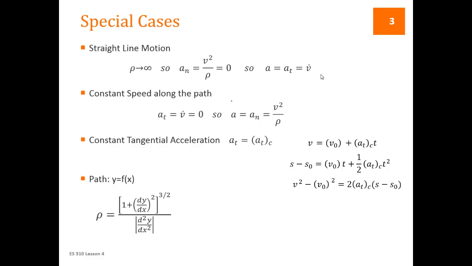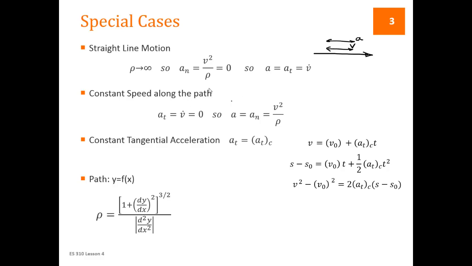If an object is moving in a straight line, its velocity is in that direction and its acceleration is in that direction, or opposite it. It could go either way, but it would have to be in that direction. So there is no normal component to our acceleration.